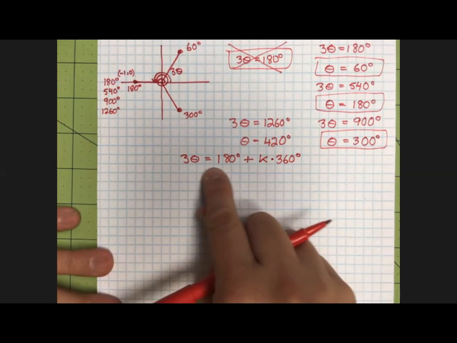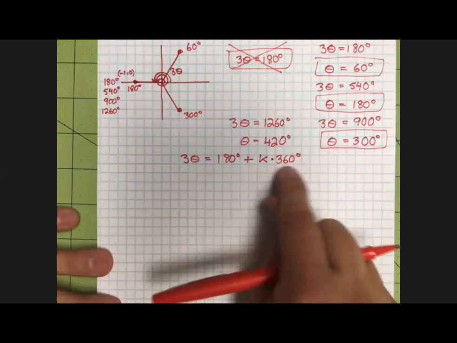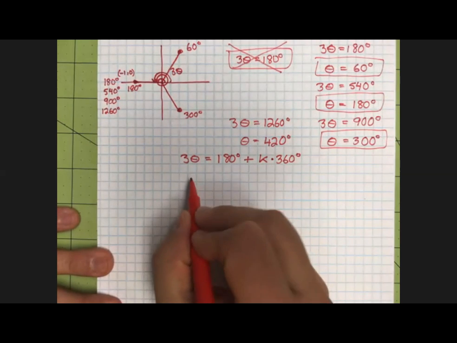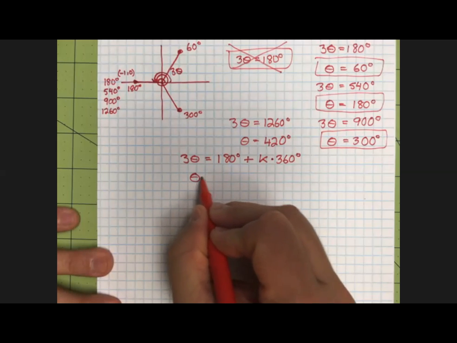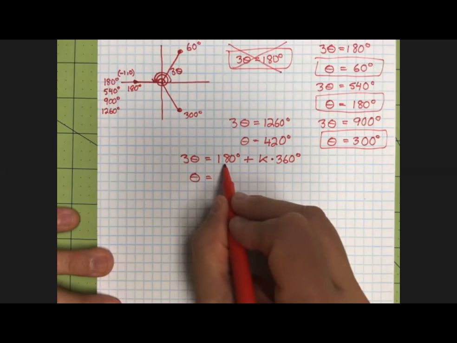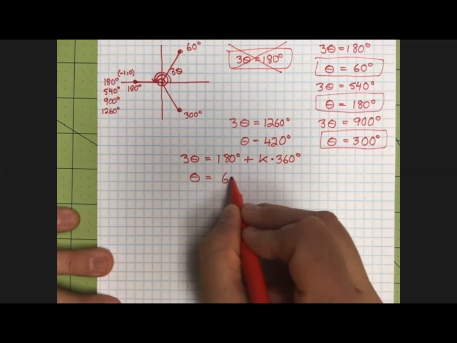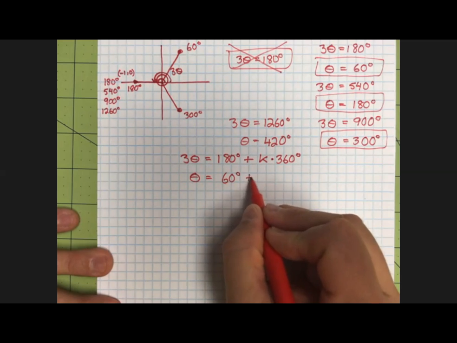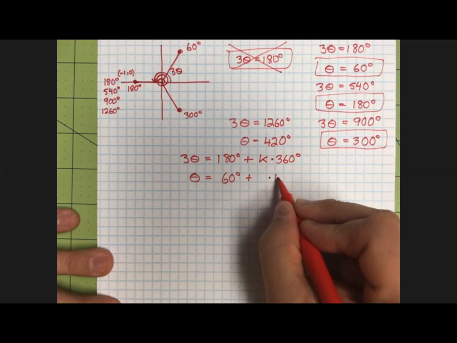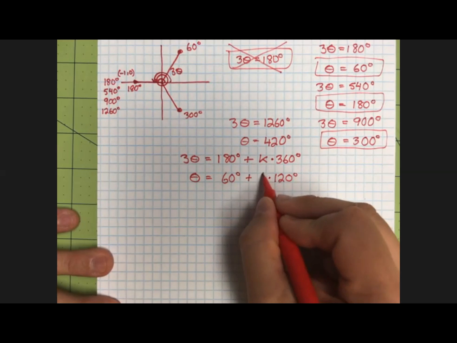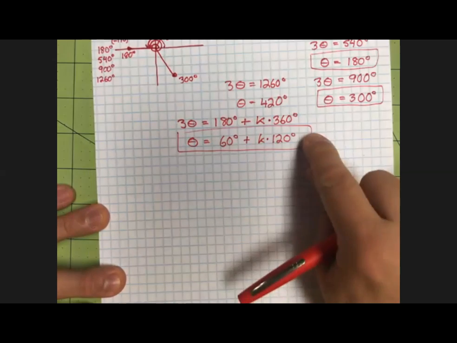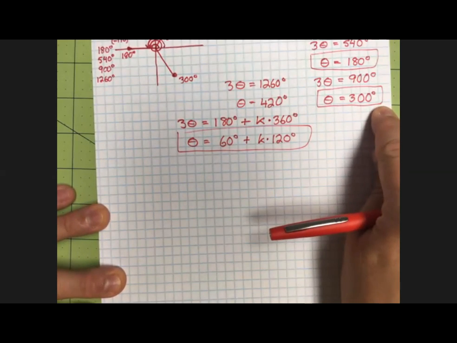If I add k times 360, I'll account for all these angles. Watch what happens when I divide by 3. Well, then theta: 180 divided by 3 is 60 degrees, and 360 divided by 3 is 120 degrees. So here are all three of those angles.